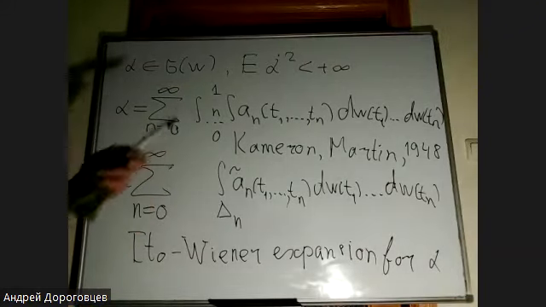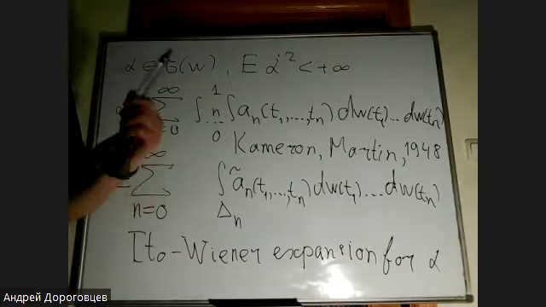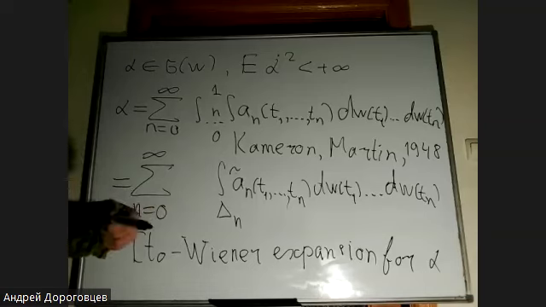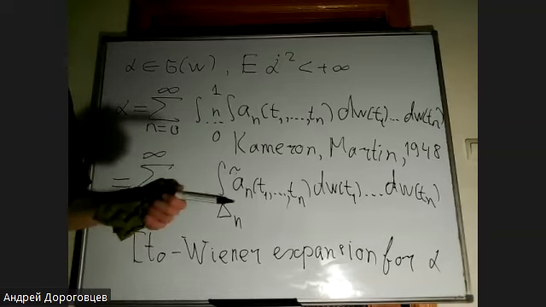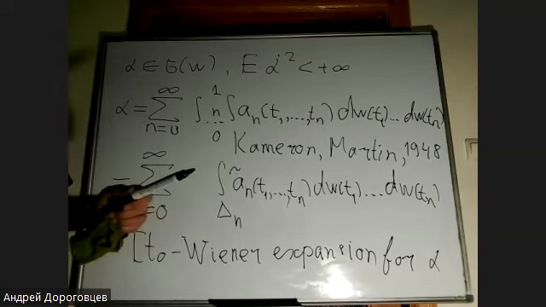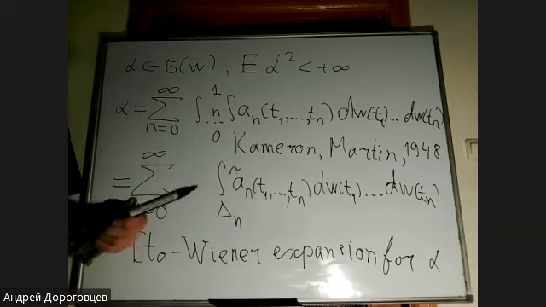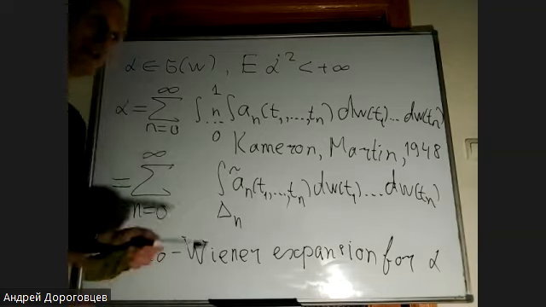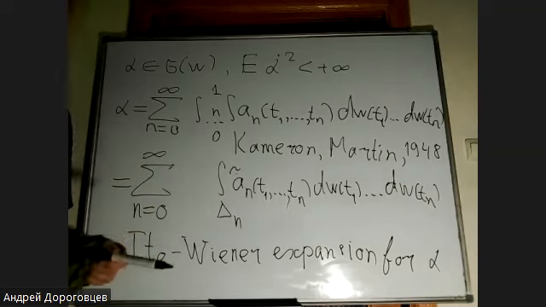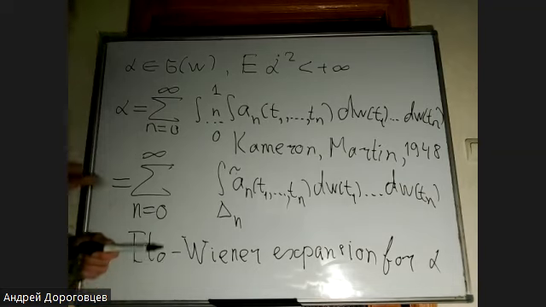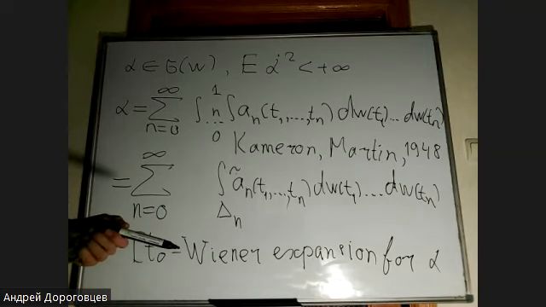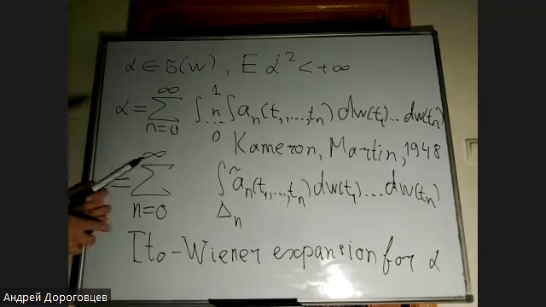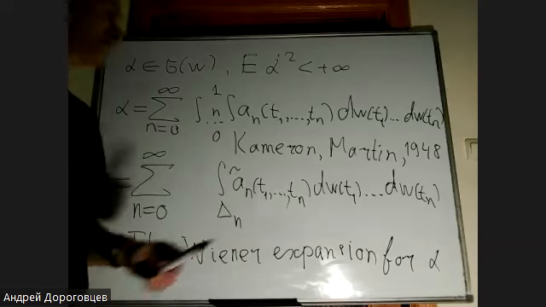They discussed a representation of square integrable functionals defined on the space of continuous functions equipped with the Wiener measure. So they considered the same problem of orthogonal representation from the point of view that we have a Banach space with a probability distribution on it, and we ask what is the orthogonal polynomial expansion for square integrable functions. And they discovered the same construction.